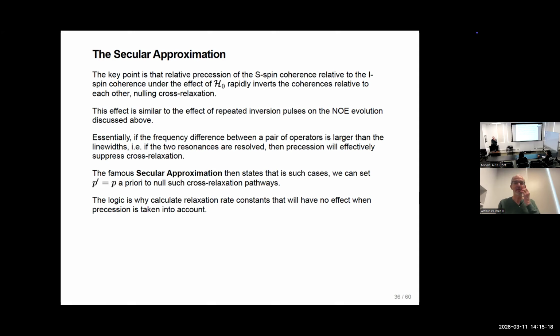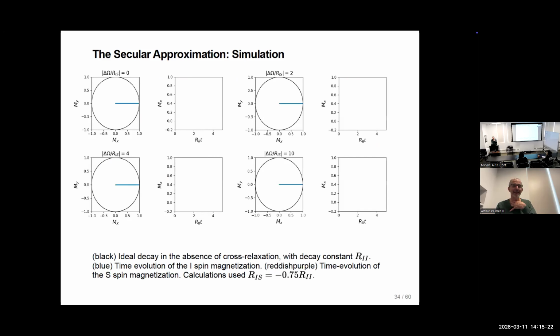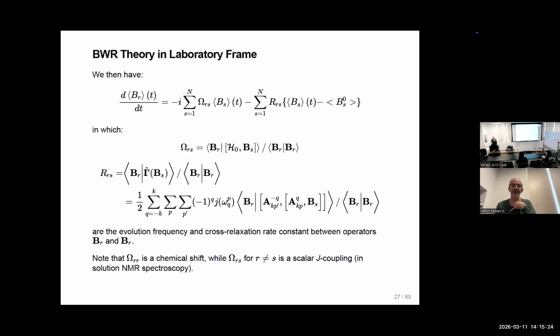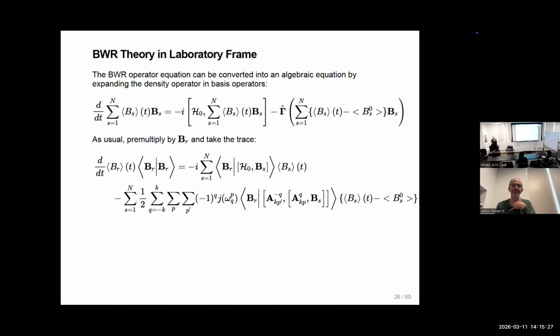So now, if we go back, look at this equation for a moment. Remember here, P and P prime kept track of terms with the same coherence order, but different eigenfrequencies. And we just said if 2 operators have different eigenfrequencies, they're not going to cross-relax.